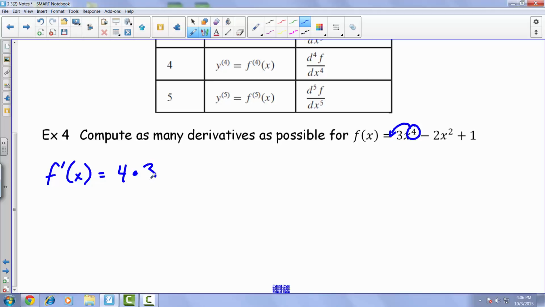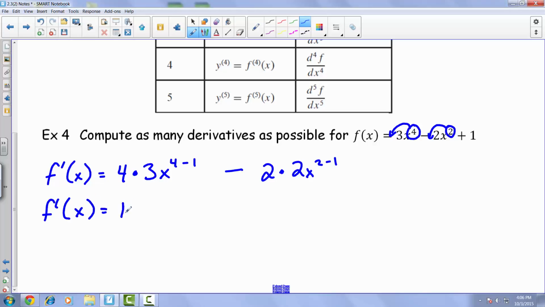We have 4 times 3, x raised to the 4 minus 1, minus, again using the power rule for this, 2 times 2, x to the 2 minus 1. And the derivative of this constant will just become 0. So for our first derivative, it simplifies to 12x to the third minus 4x.